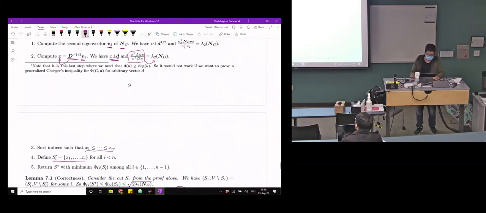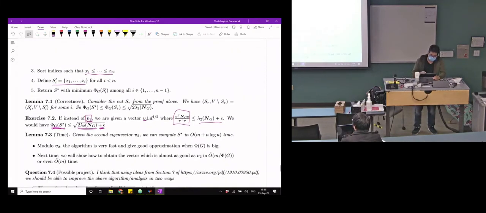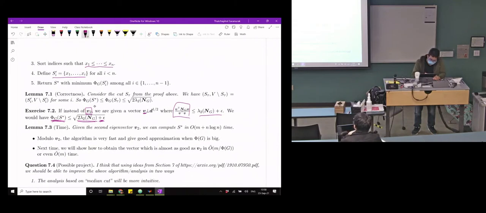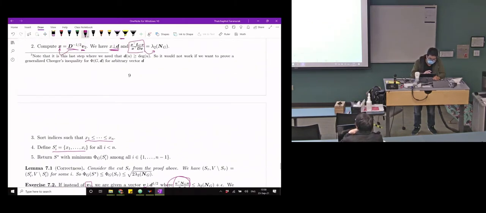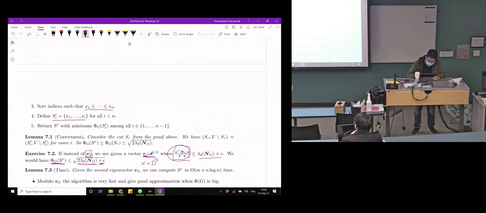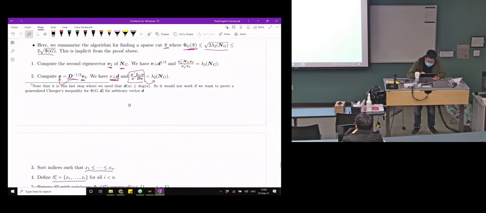So you see that given any vector v such that this ratio is small, if we compute x like what we do here, x is this times v, then x will be orthogonal to D, and this ratio is going to be this plus epsilon.